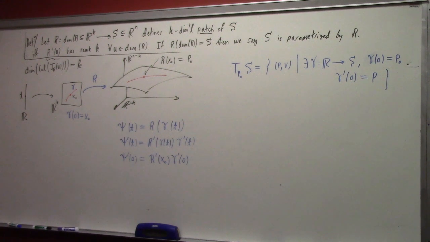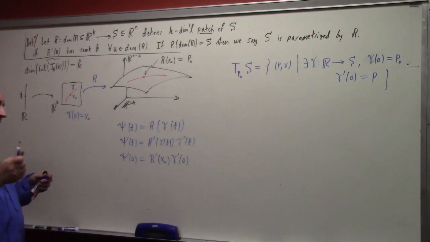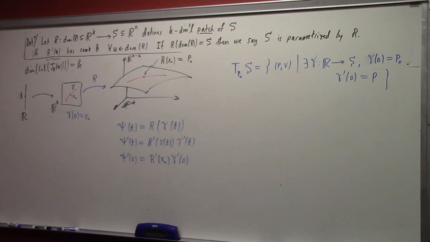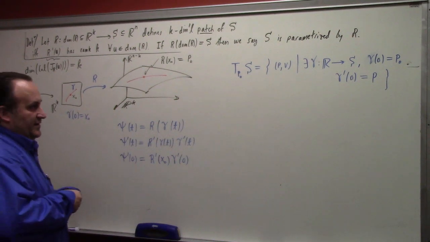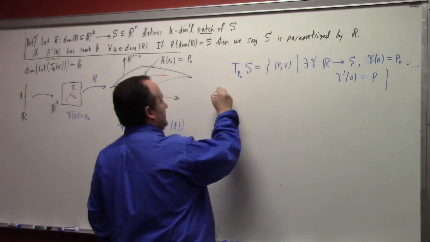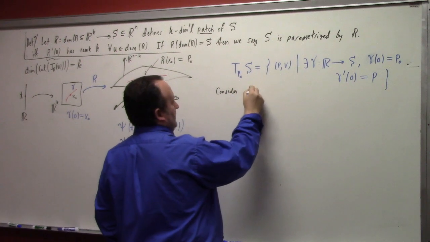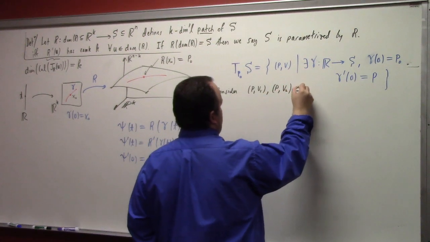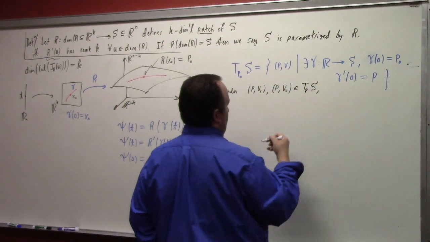So then the question is, suppose I define the alleged vector space structure on the tangent space here in the same way I did for the level set. Is that legitimate? Suppose I consider p v1 and p v2, elements of the tangent space at p of S. I'm going to drop my subknots if that's all right with you.